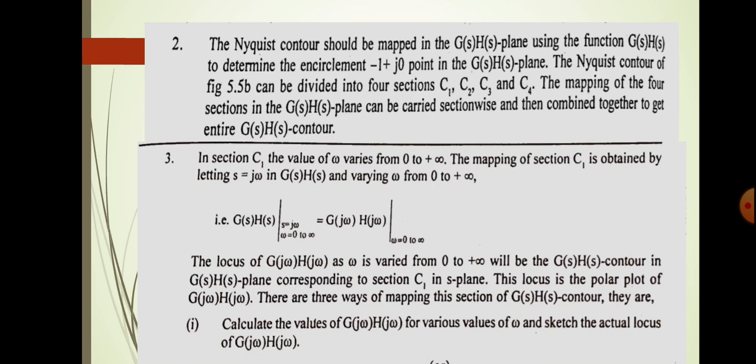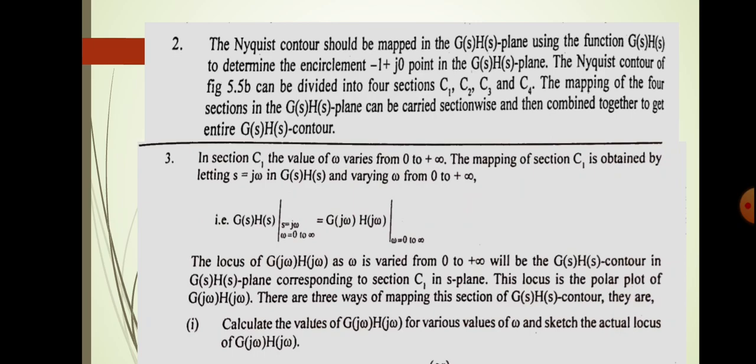That means in the section C1, the value of omega varies from 0 to infinity, and the mapping of section C1 is obtained by letting s equal to j omega in g of s into h of s and varying omega from 0 to plus infinity.